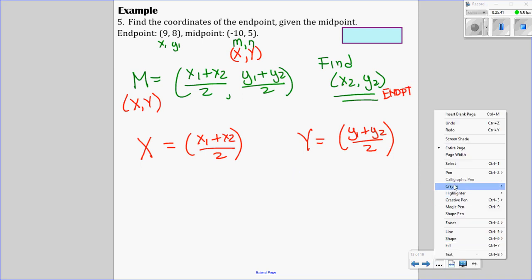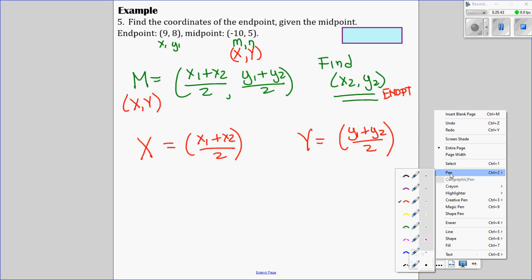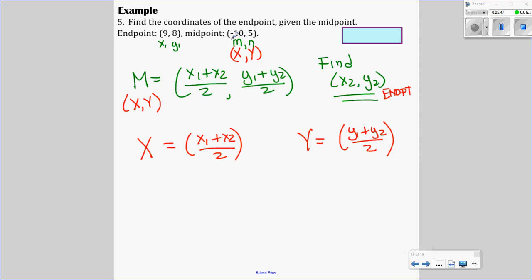So now you start plugging in all the information you have and what's given. So you've got your midpoint, which is the big X, which is -10. So you put -10. You have your x1, which is 9. You're looking for x2, which you do not have, so you label it as x2. And then you start doing the work.